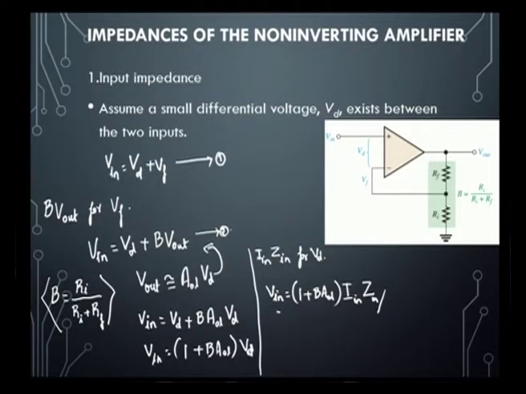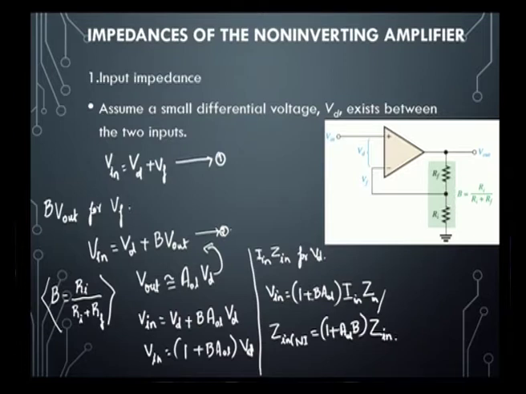So, for the closed loop non-inverting amplifier, impedance will be Z in Ni, that is equal to 1 plus AOL, open loop gain, into B, that into Z in.